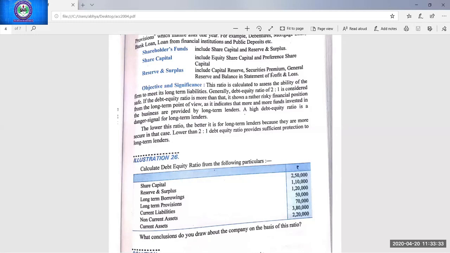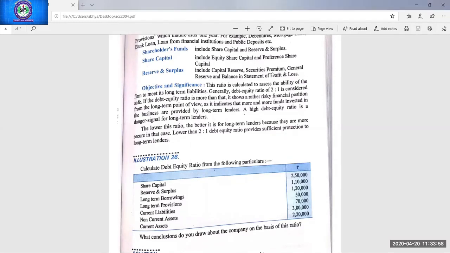You just have to add them. Then share capital is also given and reserve and surplus is also given. To find out the equity, you have to add them.